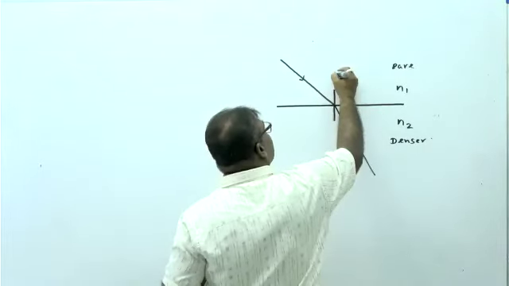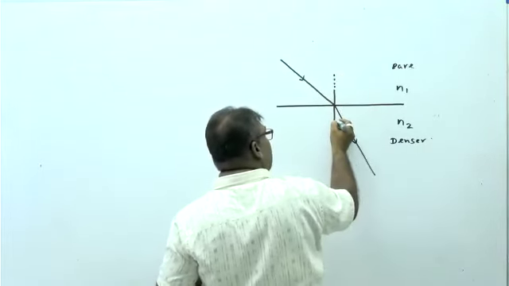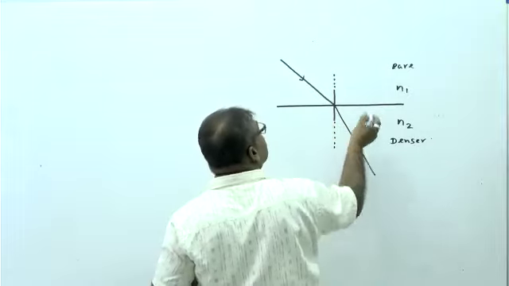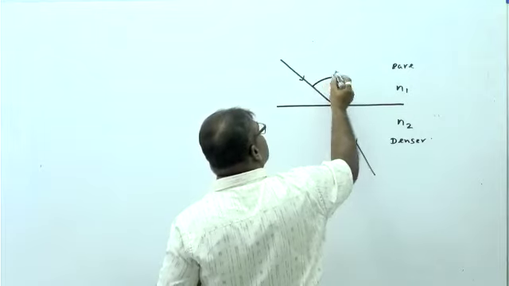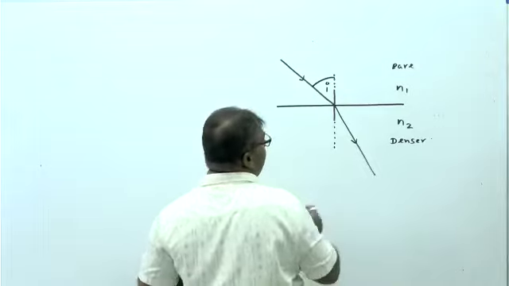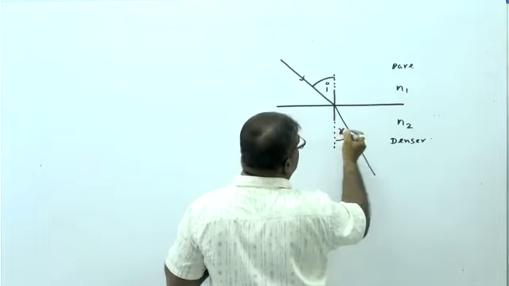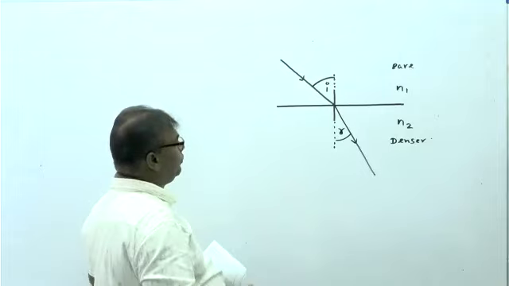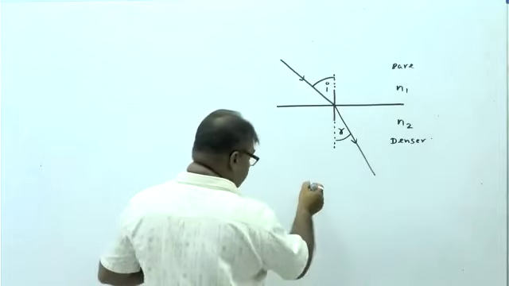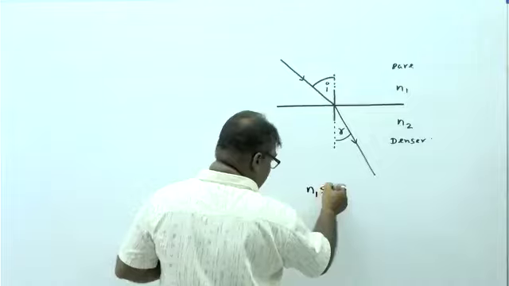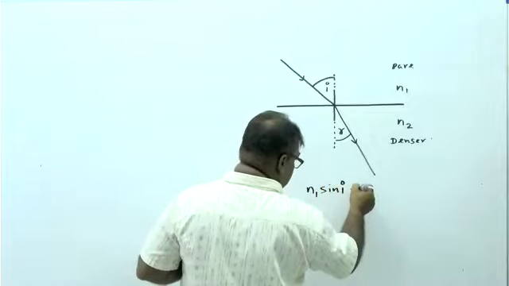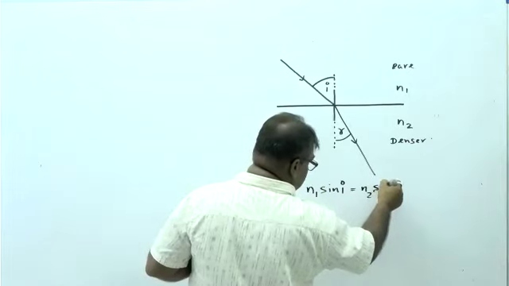This is the angle of incidence, the angle between the normal and the incident light ray, I. The angle between the normal and the refracted ray is R. Then from basic theory, we have N1 sin I equals N2 sin R.